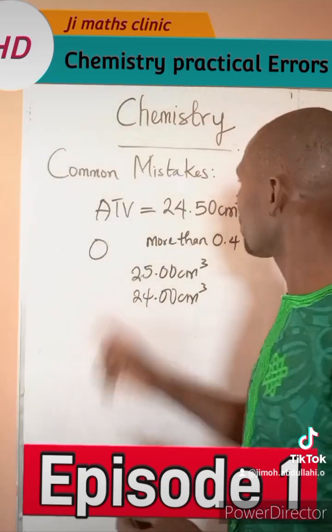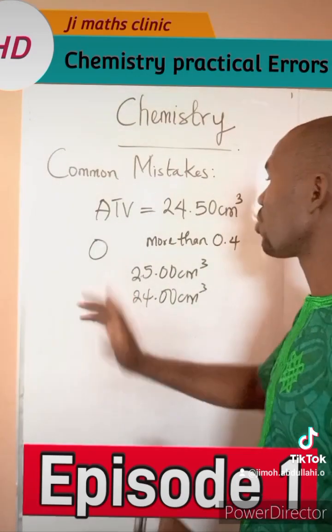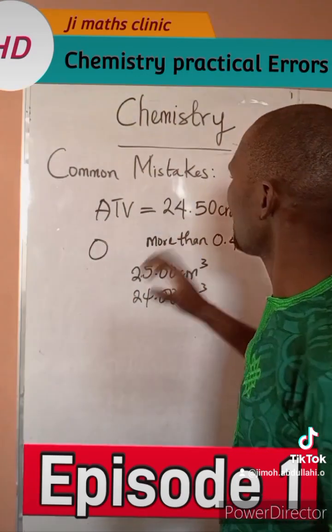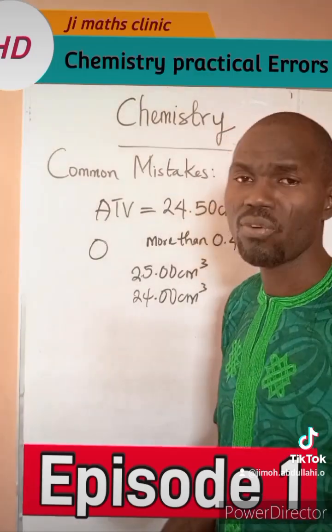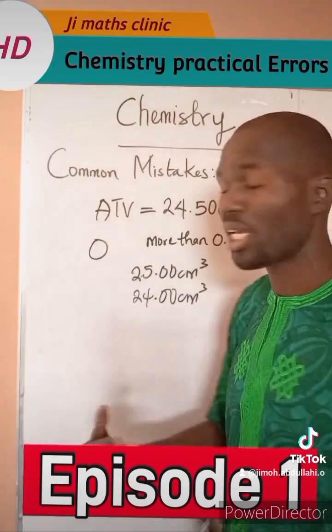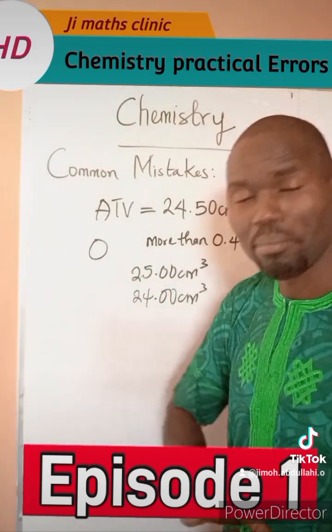That is 0 mark because this is more than 0.4. So you are going to score 0. No mark for you. Which means that by the time you are completing your table, you must be very careful of how you complete it, in such a way that you arrive at the correct answer that will make you not lose marks.